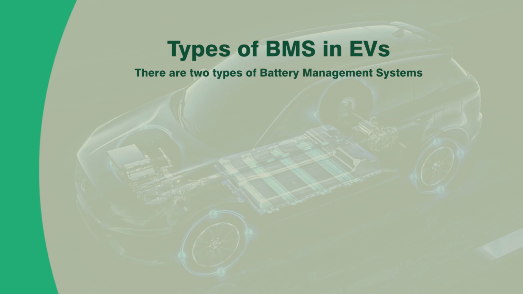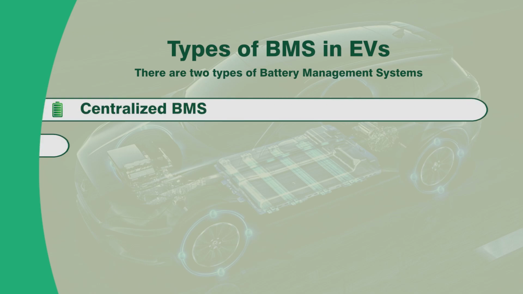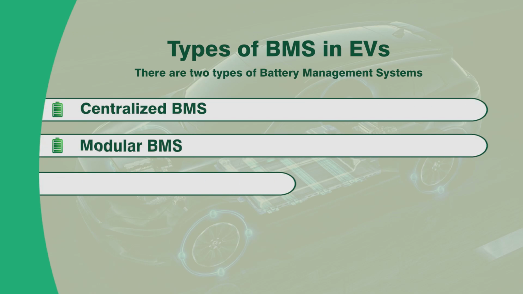Now, let us discuss the different topologies, or the types of BMS associated with electric vehicles. Basically, there are three types of battery management system: centralized, modular, and distributed battery management system. All three categories are defined based on the structure of the BMS.